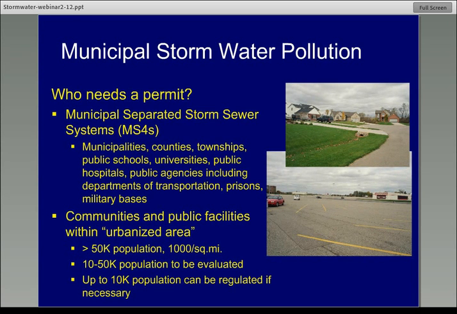So there is an evaluation function that states can be pushed into or encouraged to take on. There's a lot of times where smaller entities, that could even be 10,000 in population or smaller, are actually nearby a larger urban area that is regulated, and they are oftentimes incorporated in that urbanized area and given the guidance of the larger entity to take on the regulatory requirements.